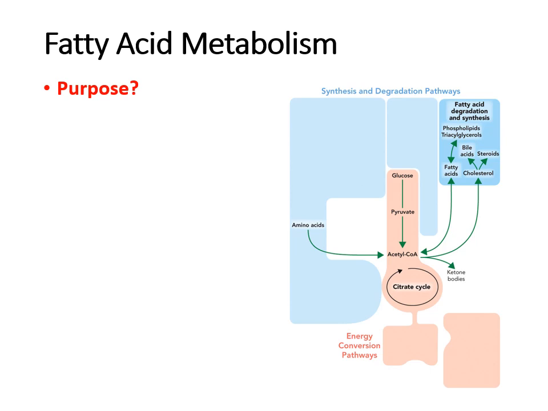So when we talk about fatty acid metabolism, there's the catabolic purpose, which would be fatty acid oxidation to provide energy for cells. And this would occur if, let's say, the glucose levels are low, so you don't have the carbohydrates for energy, so you have to use fatty acids instead.